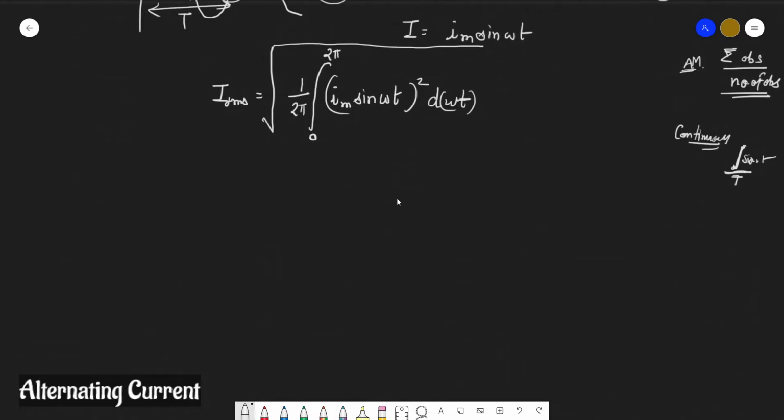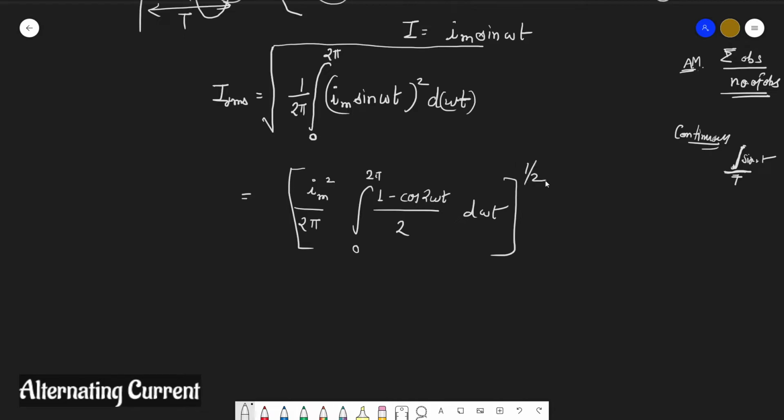So you can write this expression as, obviously, Im square will come outside, upon 2 pi, and I can write sine square omega t as I have used earlier: 1 minus cos 2 omega t upon 2, integration 0 to 2 pi d omega t. And obviously this is under root.